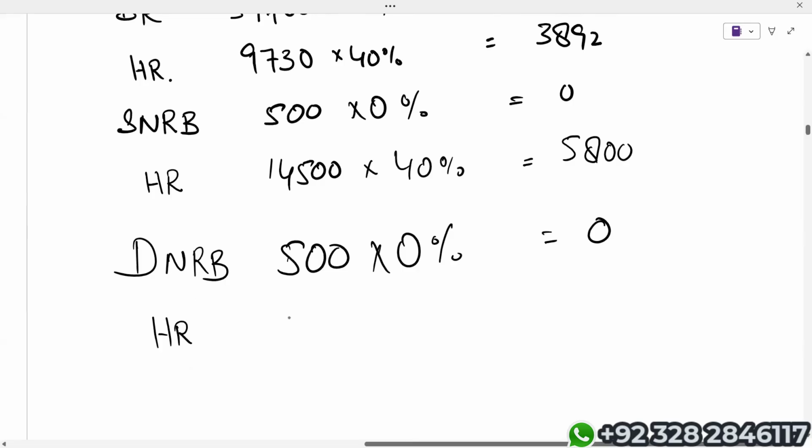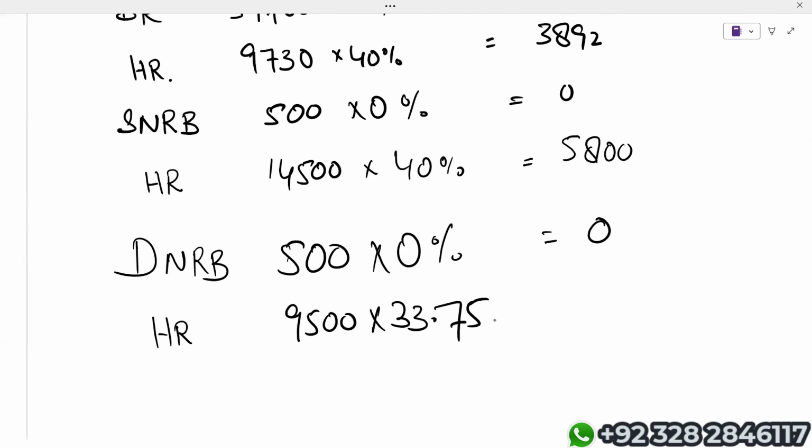Higher rate 9,500. Applicable rate is 33.75%. So 9,500, let's take 33.75. I'm getting, student, 3,206.